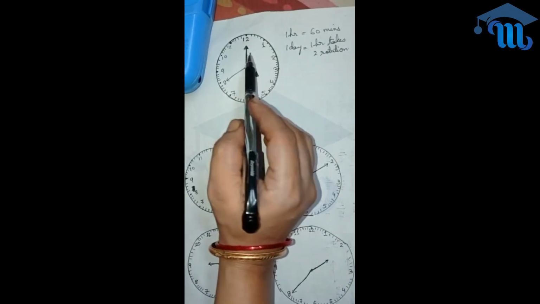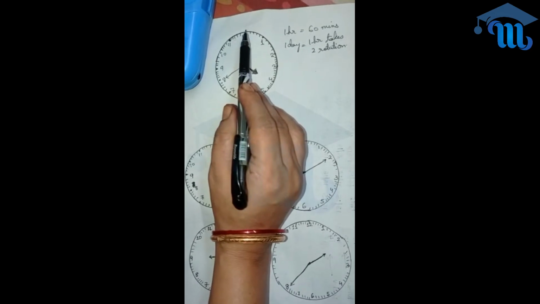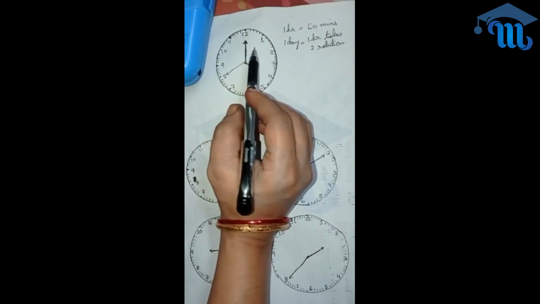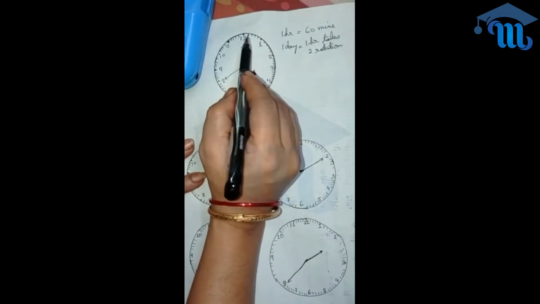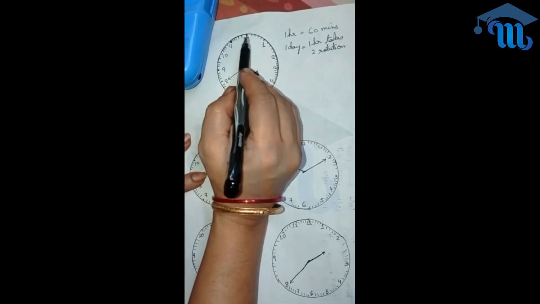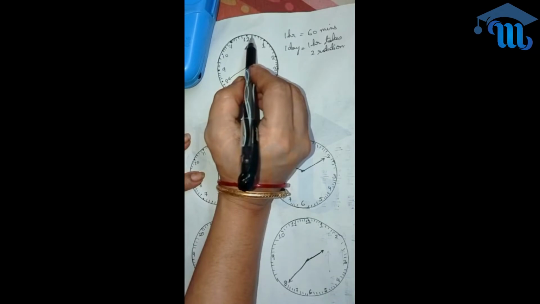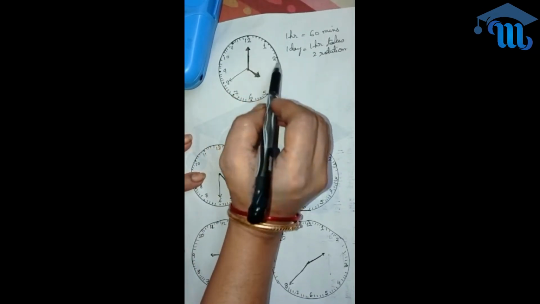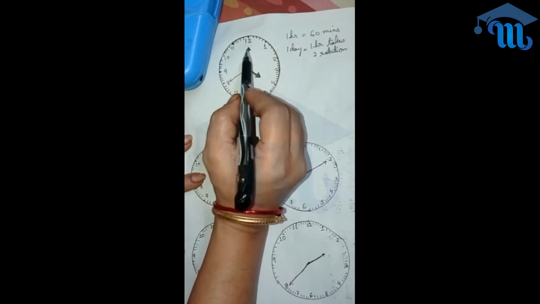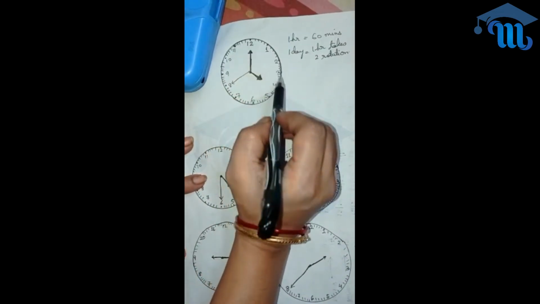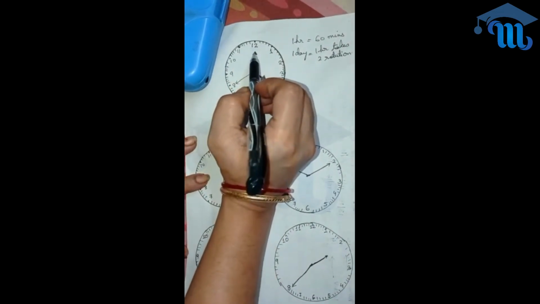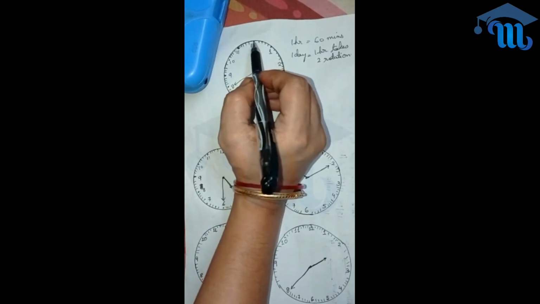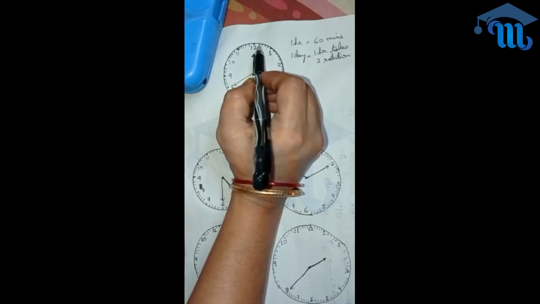The minute hand takes 1 minute to move from one marking to another marking, and it completes one rotation of the clock in 1 hour.